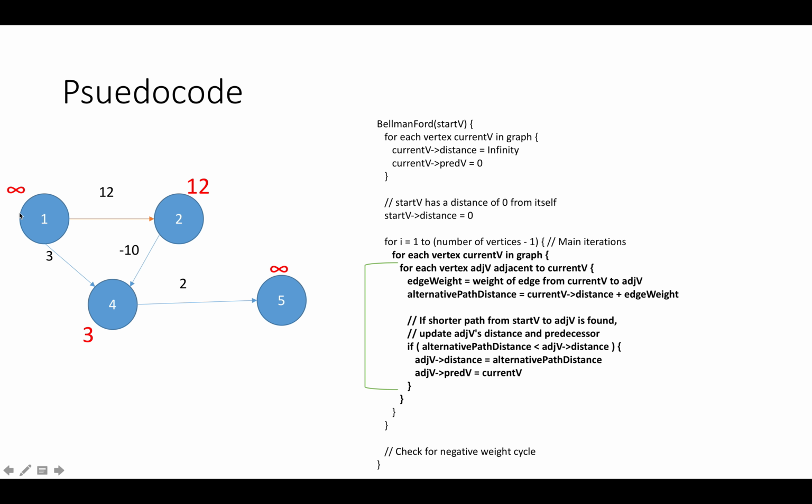So instead of necessarily picking this edge 1 to 4 and going to node 4 and visiting all of its adjacent nodes, we're just going to iterate through all of the nodes in the graph in sequential manner.